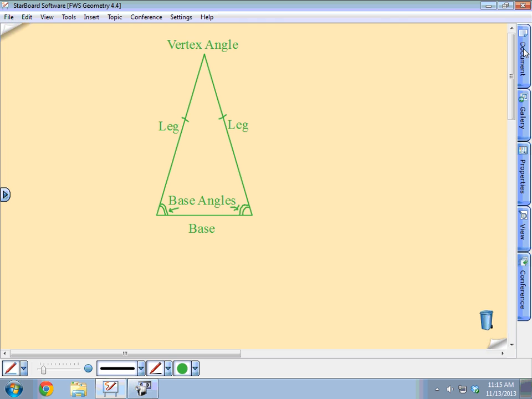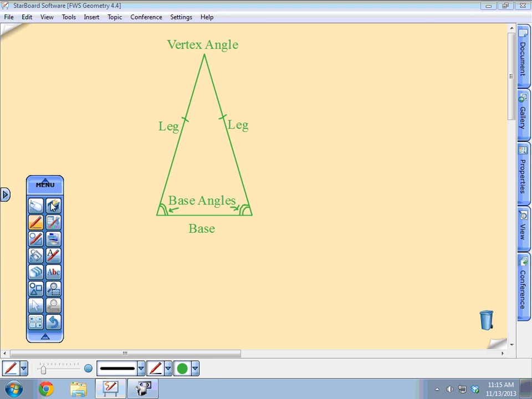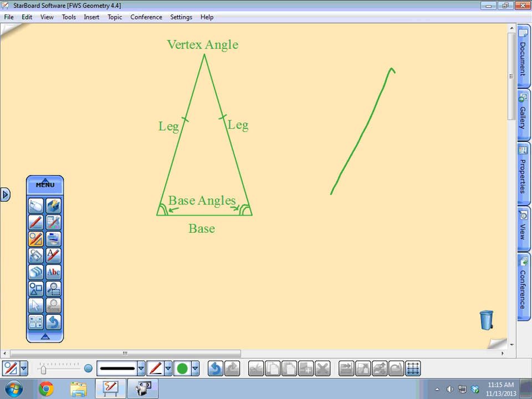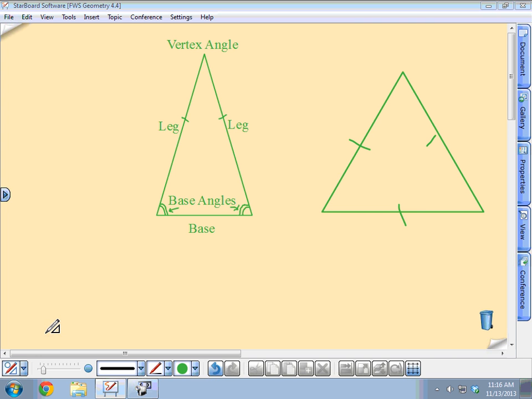Now let me ask you a question. This is a, what kind of triangle is this? Isosceles. All right. Let me ask, what kind of triangle is that? Equilateral. Is that also an isosceles triangle? No. Yes. Well, it can be. Who thinks an equilateral triangle is always an isosceles triangle? Okay, good.